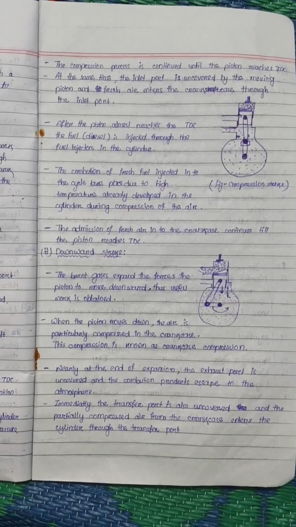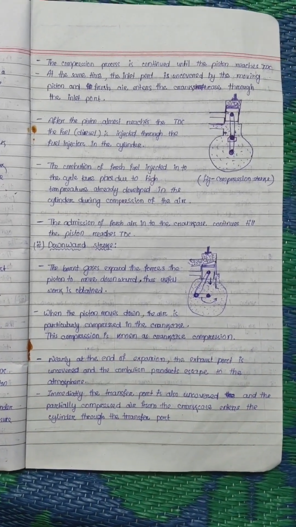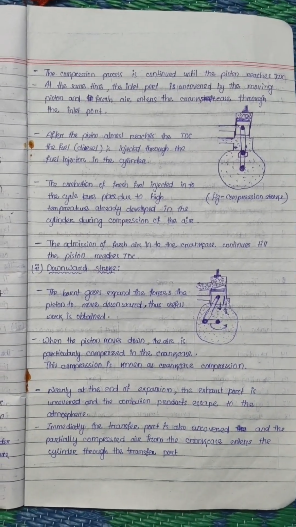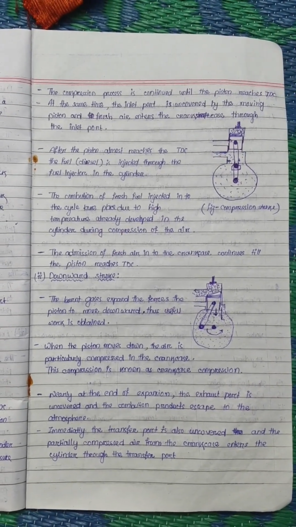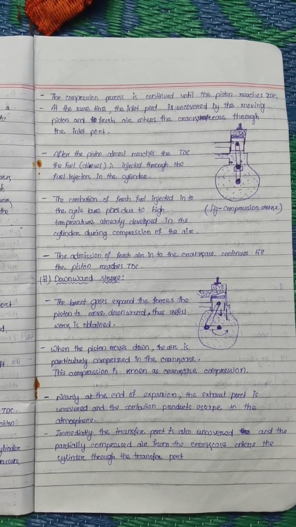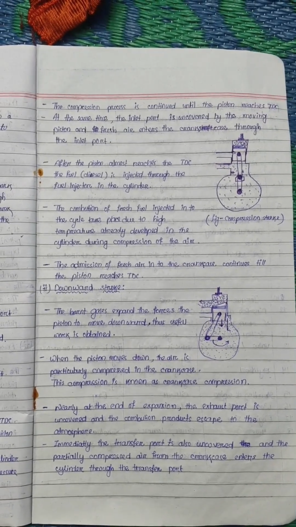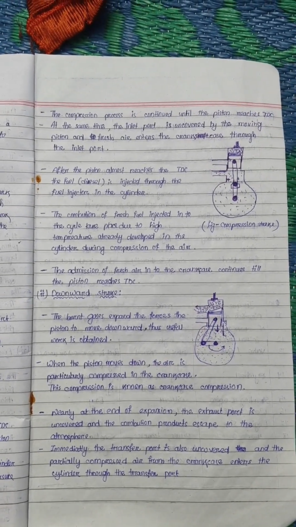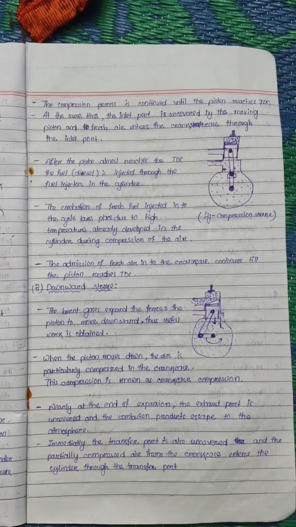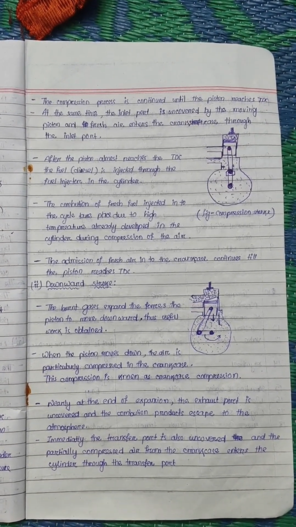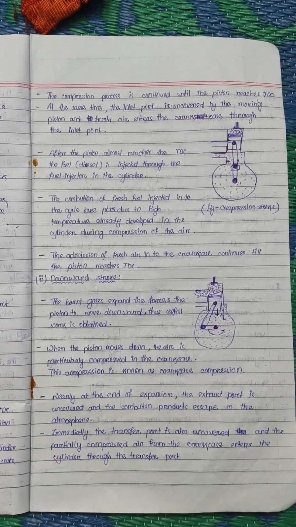Now, in the downward stroke, the burnt gas expands and forces the piston to move downward. Thus, useful work is obtained. When the piston moves down, the air is partially compressed in the crankcase. This compression is known as crankcase compression.